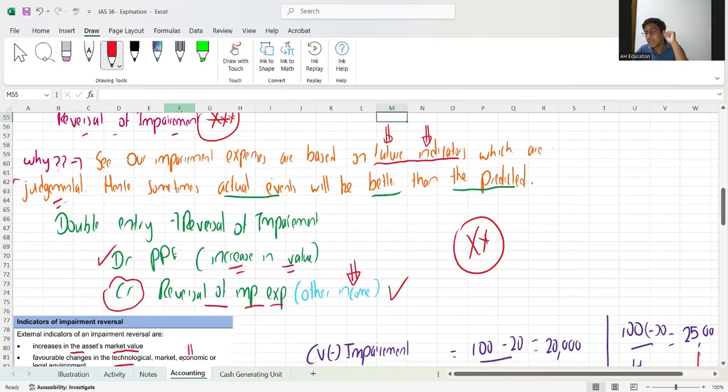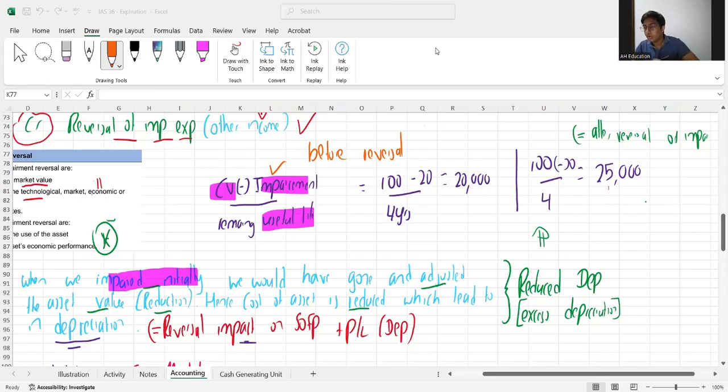The reason why you're debiting your property, plant, and equipment is because of the impairment, initially what you all did was you all went and decreased the value of your property, plant, and equipment. Now, since there is no impairment, you all need to bring it back to its original cost.